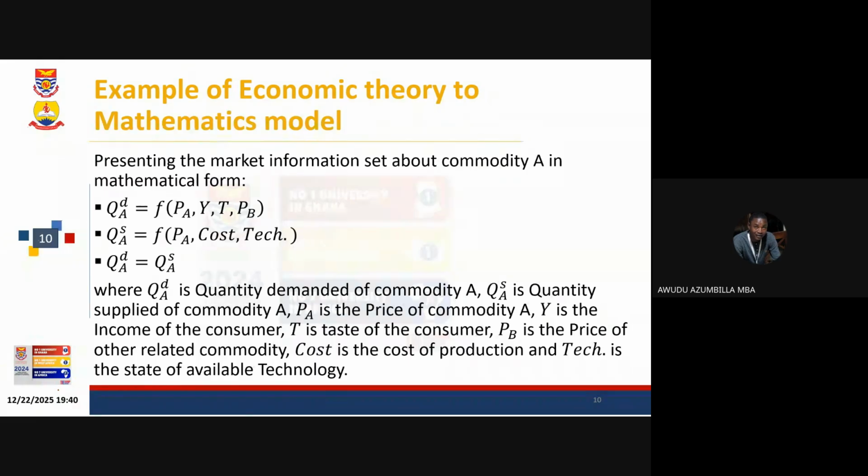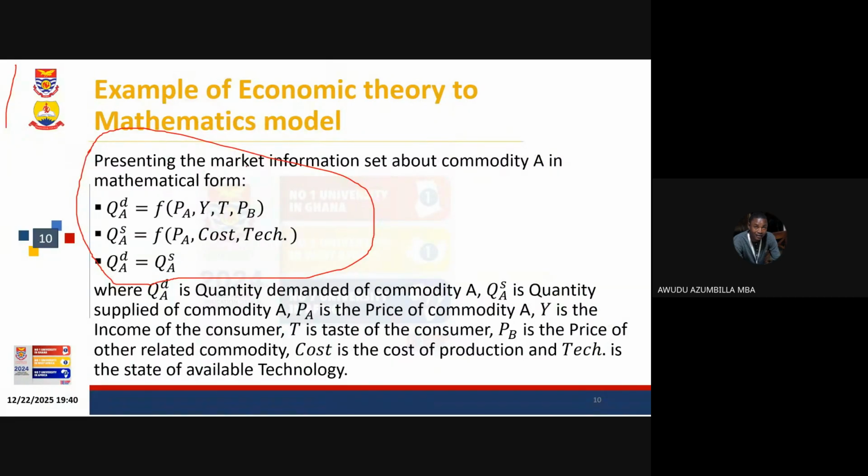Now, these are the mathematical forms, or what we call the models. These are what we call economic models. They represent the information above. They represent the information that we stated earlier on. Now, what was the first theory?